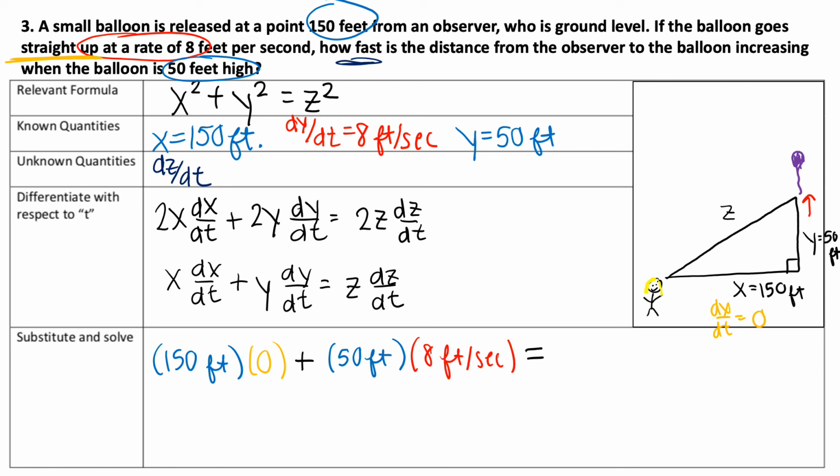is equal to, now we need a value for z, and just like we did in the past couple of problems, we need to solve for z using the Pythagorean theorem. So we have 150 squared plus 50 squared equals z squared. Taking the square root, we should get z is 158.11 feet.